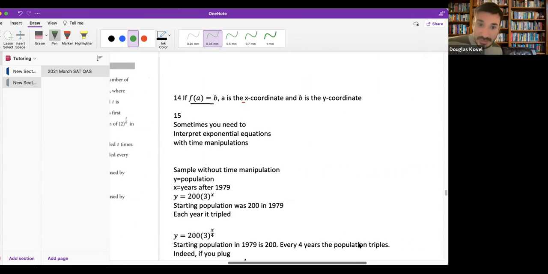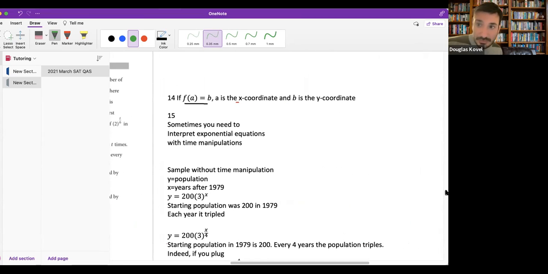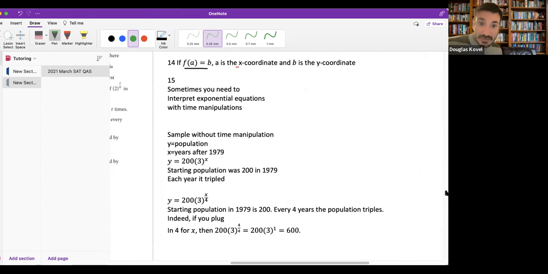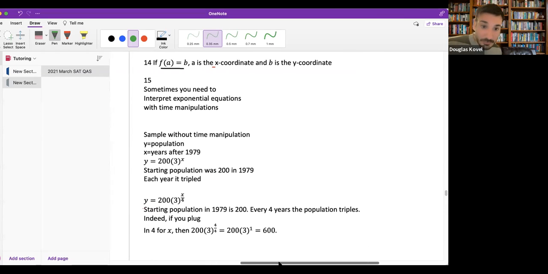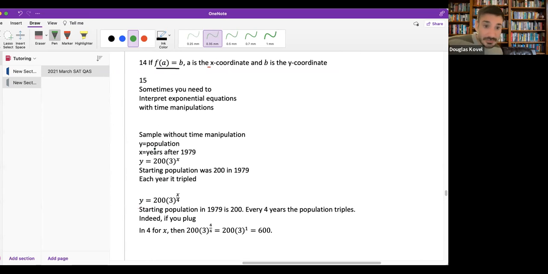All right, so on exponential equations, sometimes you need to interpret them in the context of what I call time manipulations. So I'll give you 2 examples of a word problem without and with the time manipulation, and then we'll apply it to the question right before. So suppose you're given this formula, y equals 200 times 3 to the x, where y represents population and x represents the number of years after 1979.